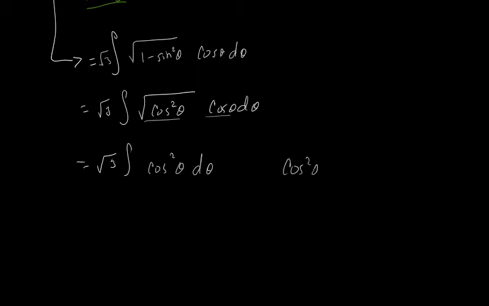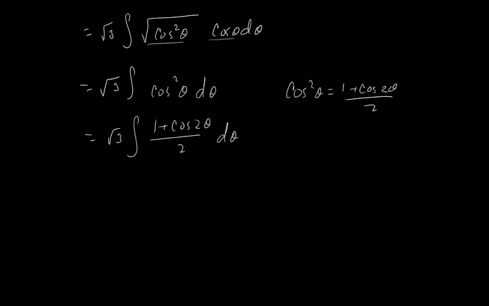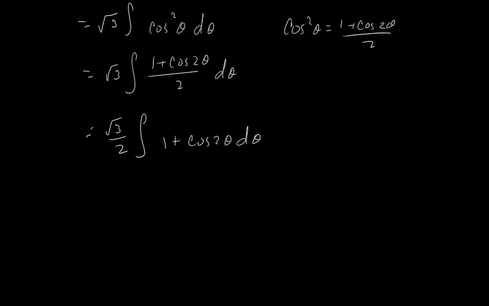Cosine squared of theta is 1 plus cosine of 2 theta over 2. So this is root 3 times the integral of 1 plus cosine of 2 theta over 2 d theta. I'm going to bring the 2 in the denominator out, so we get root 3 over 2 times the integral of 1 plus cosine of 2 theta d theta. Evaluating that integral, we get theta plus 1/2 sine of 2 theta.